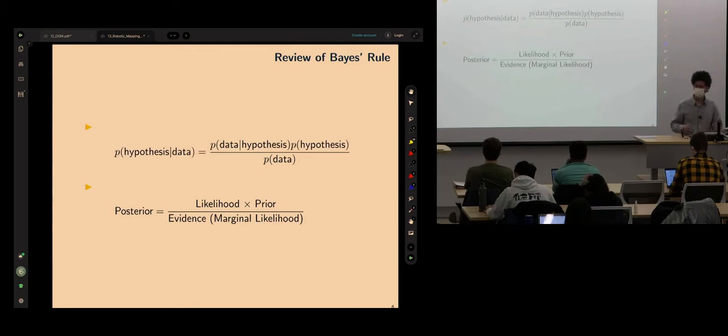There was a likelihood model, the probability of data given the hypothesis, times a prior over the hypothesis divided by some normalization constant. And because the forward model, the likelihood, was difficult to model, we did a trick of defining an inverse sensor model and defining log odds and all of that.